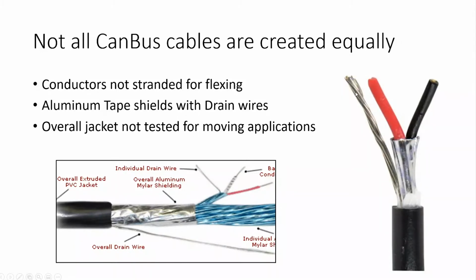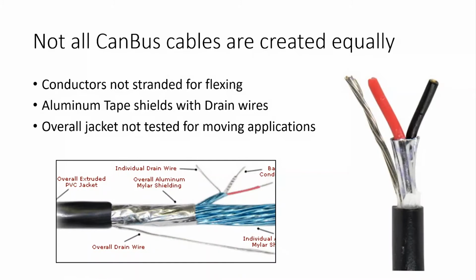A drain wire just gives continuity to the shield and allows you to terminate it into a pin for a connector. So with a braided shield, there are other ways to do that with solder couplings or pigtail or jumper wires.